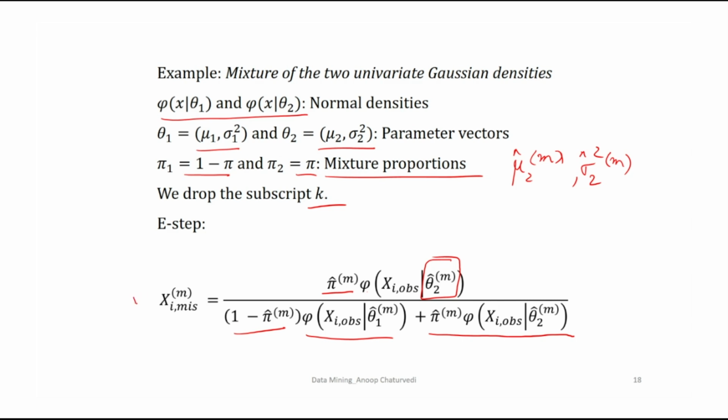So, this is the E step in which we find x_i missing m, provided these thetas and pi's are already available from the M step.